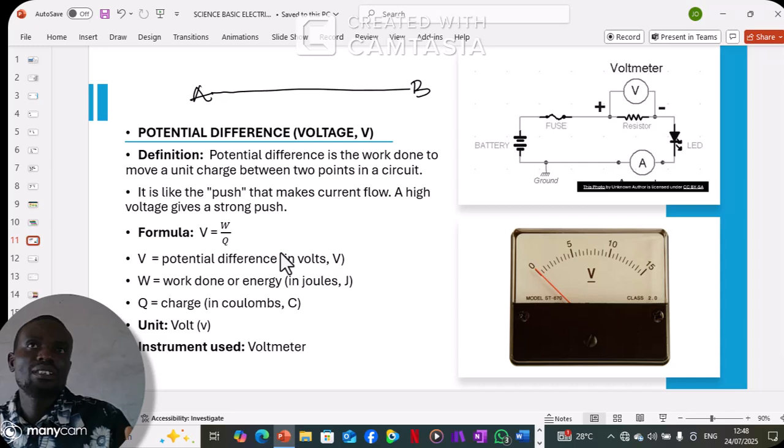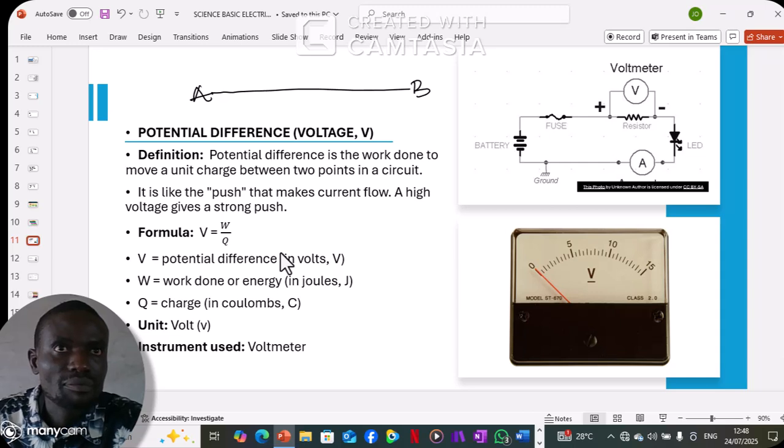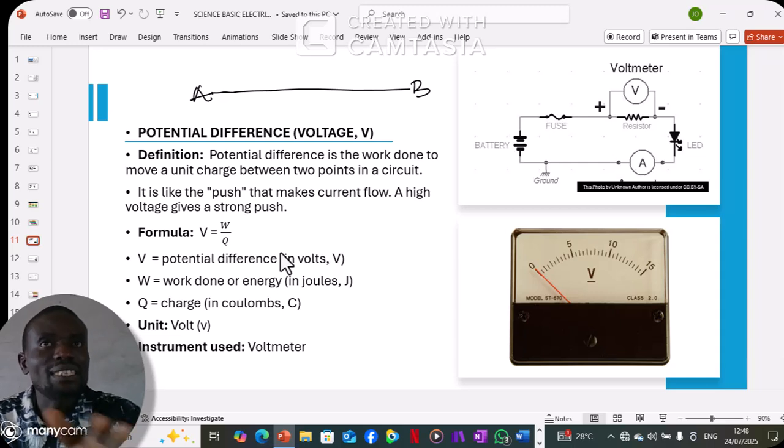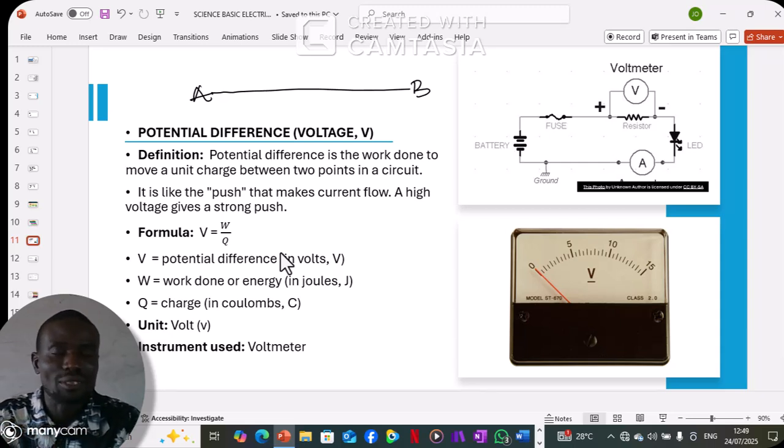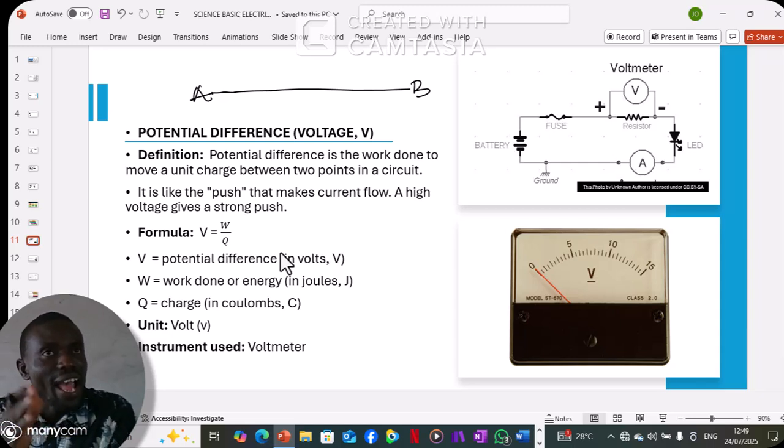Of course, it is the voltage that determines the magnitude of the current, not the other way around. You can't say we have high current, so we have high voltage. No. If you have high current, it means we already have high voltage.